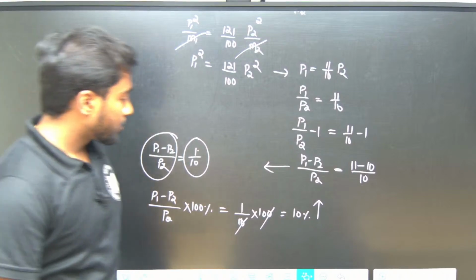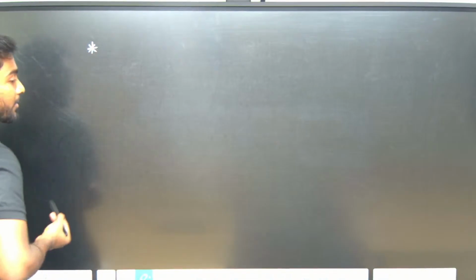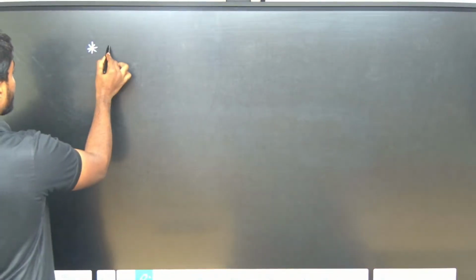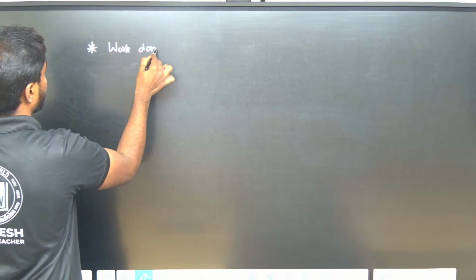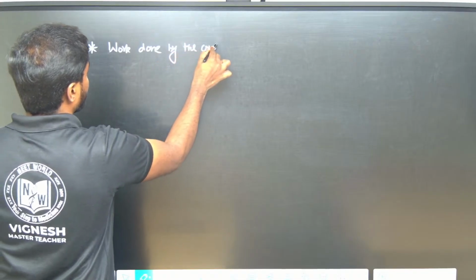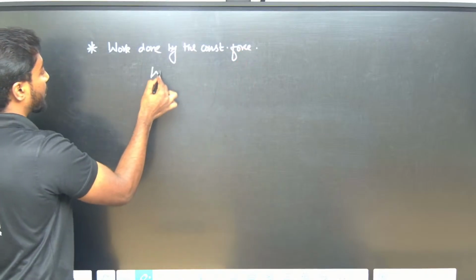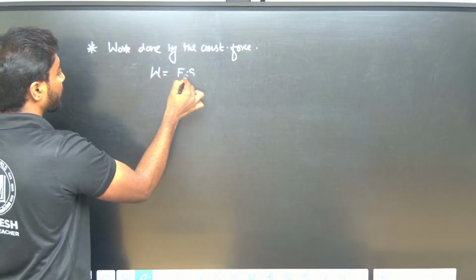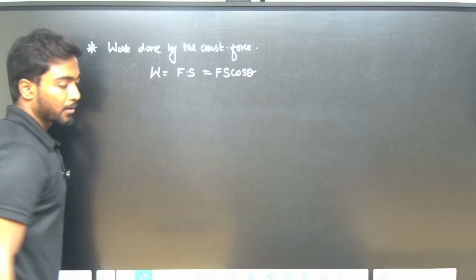Okay, so the next one is, we have talked about work done by the constant force, which is nothing but W is equal to F dot S, or else F S cos theta.